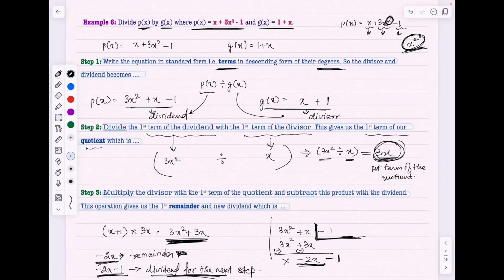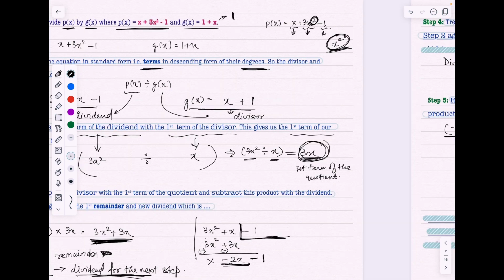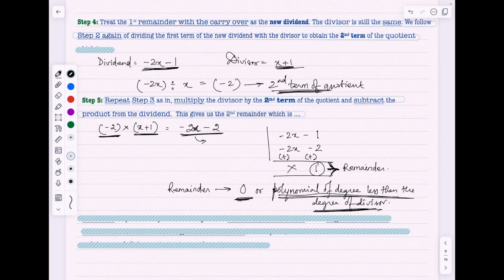Here the degree of the divisor is 1. You are getting it? So when you are getting the degree of the remainder or the new dividend as 0, you have to stop the division. Whenever the degree of the new remainder part is less than the degree of the divisor, you have to stop.